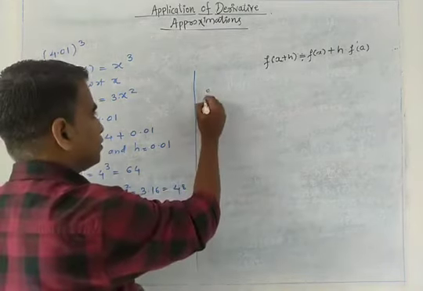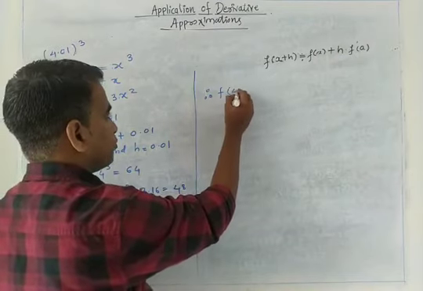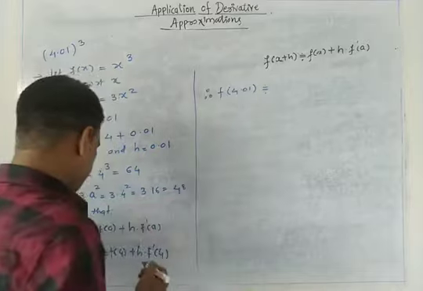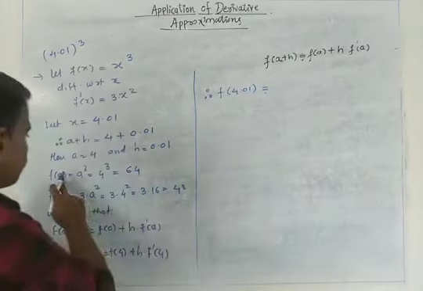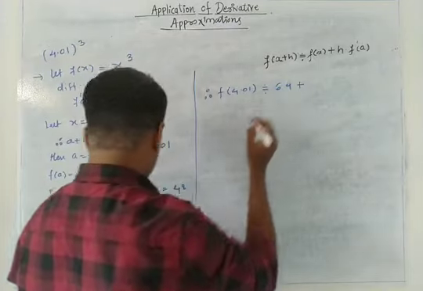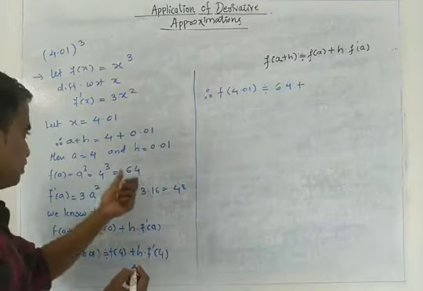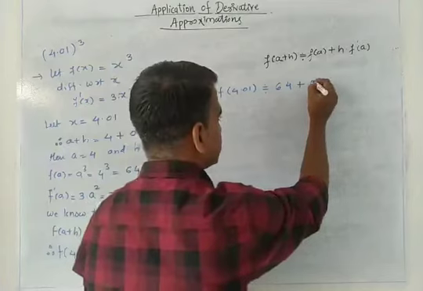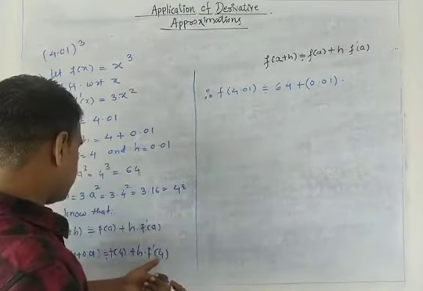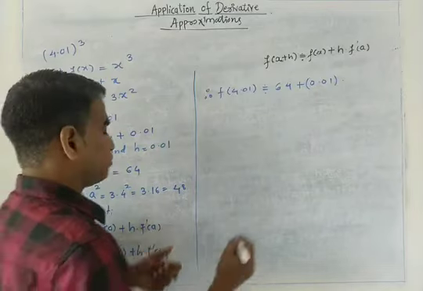So f of 4.01 is approximately f of 4 plus h into f dash of 4. So f of 4 is what? F of a, that is 64, plus h, the value of h is 0.01, into f dash of a, that is f dash of 4. F dash of 4 means 48.